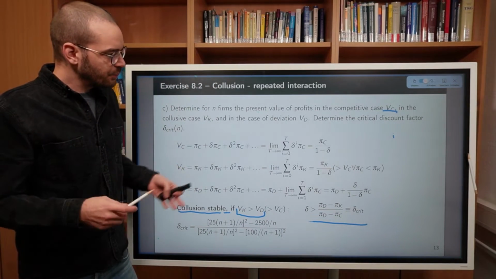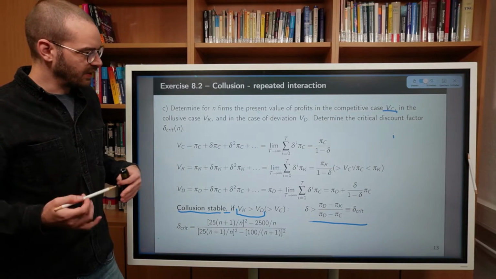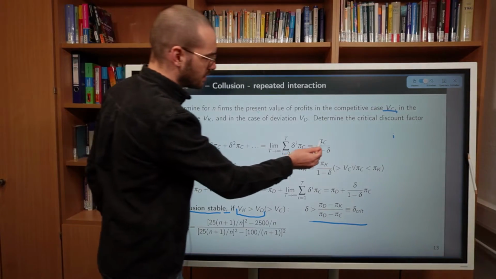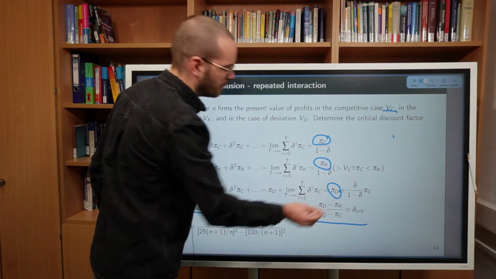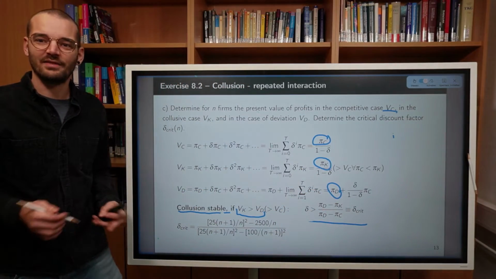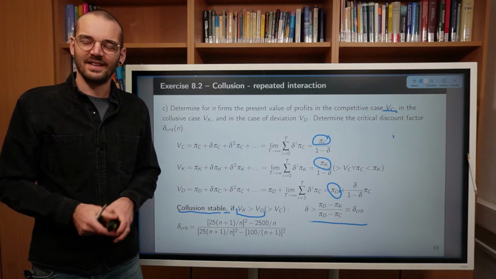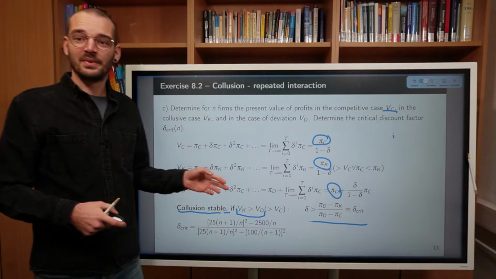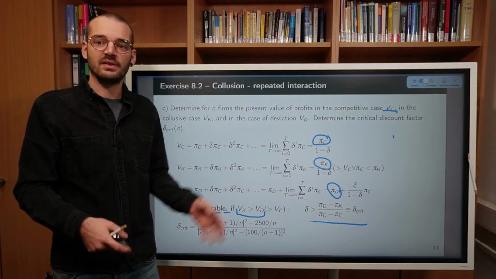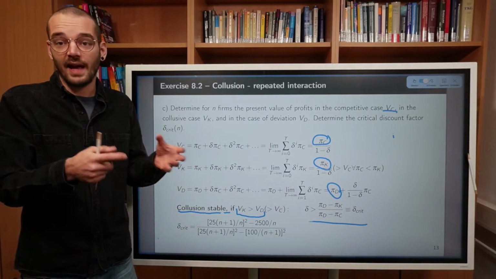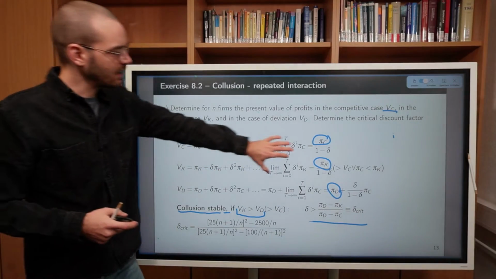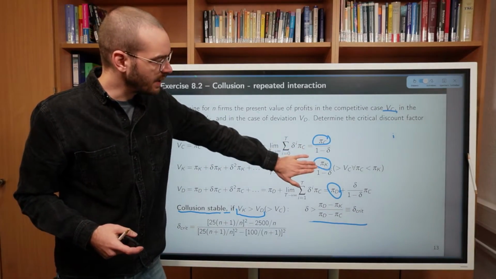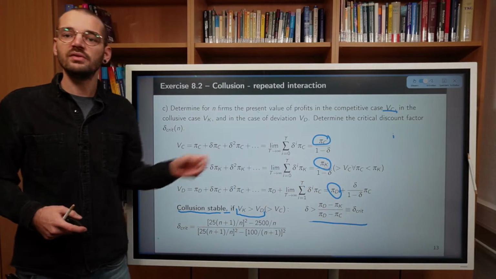And of course, if we now use the profits we have calculated earlier, right? Remember, we are still in a setting where we have a full-blown model from the previous slides in this exercise. We have demand functions, we have n for the number of firms, we have cost functions, etc. So we actually calculated pi c, pi k, and pi d in previous tasks.